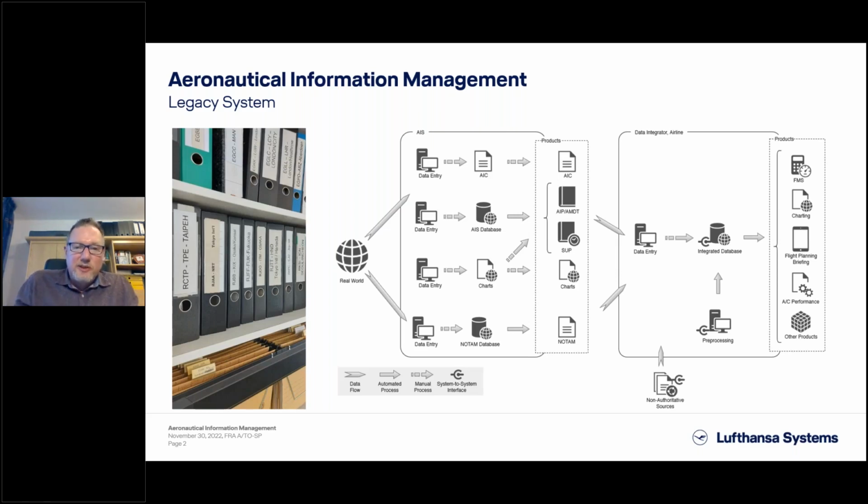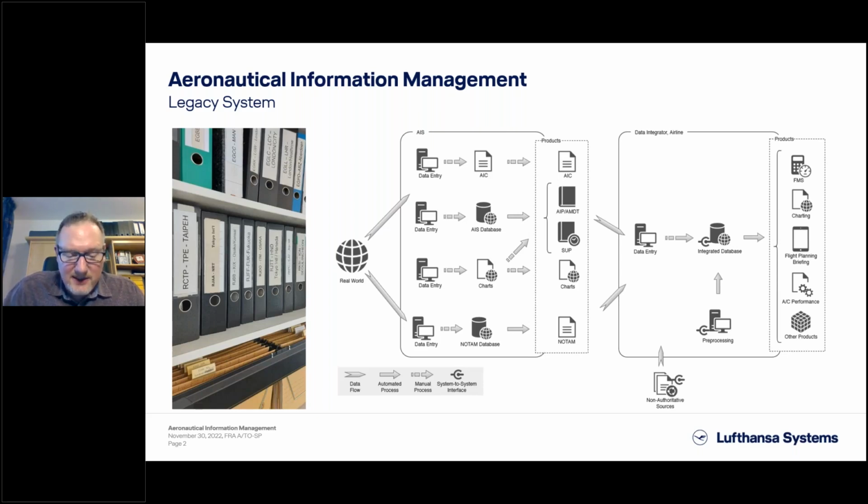So you're already showing the next slide here, the legacy process. How does data get to the end users? This is a very simple diagram of what we used to have up to a couple of years ago. So we have somewhere on the left side the real world that provides us a lot of data.